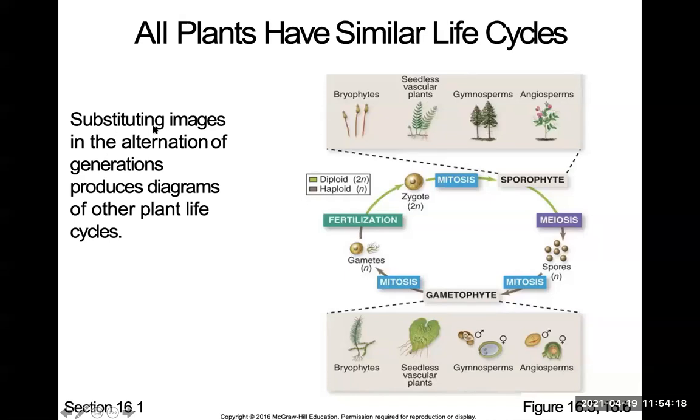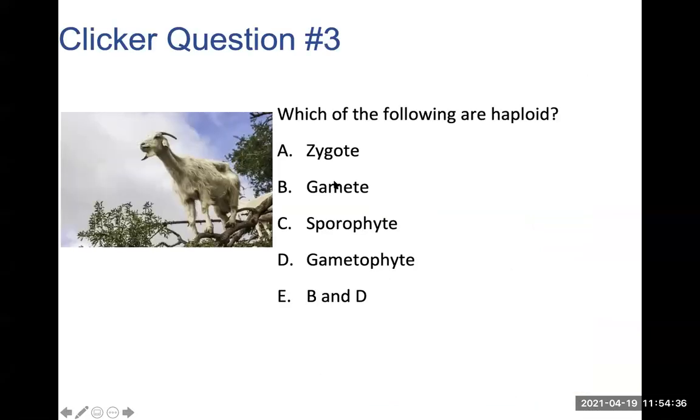So that's substituting images for the alternation of generations. And this is the reason I said, take a blank sheet of paper and just keep writing this. Once you do that, then you can just replace it for the bryophytes. Actually, there are only two that you guys have to know for this class. So which of the following are haploid?